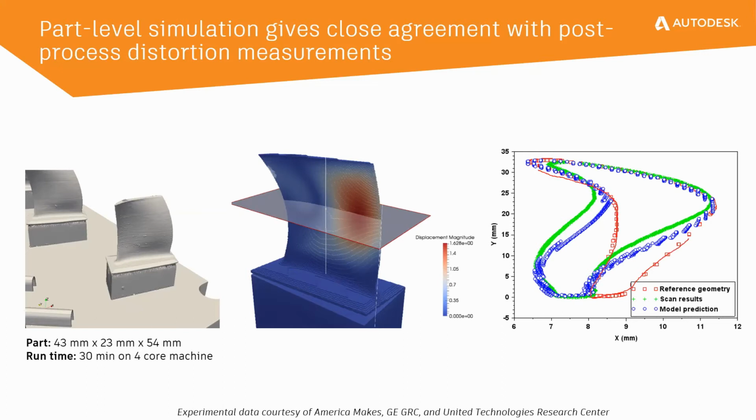But because of the way that the AM process works, you will always end up with a very, very badly distorted geometry, which we printed and then we scanned. And you can see that the scan is represented by the green lines. So you can see that it distorts to a point that what is supposed to be following the red shape actually results in the green shape.